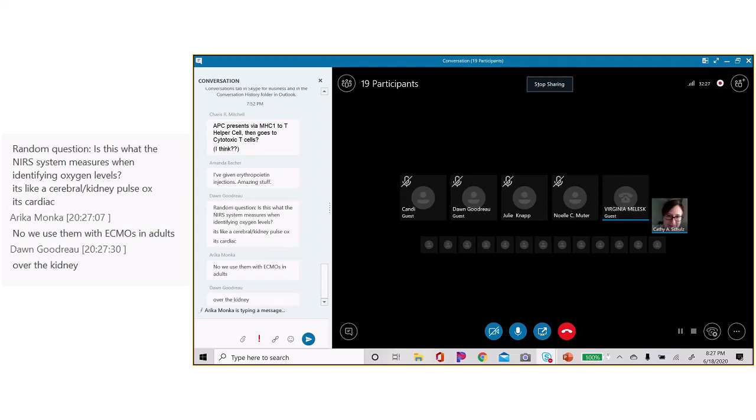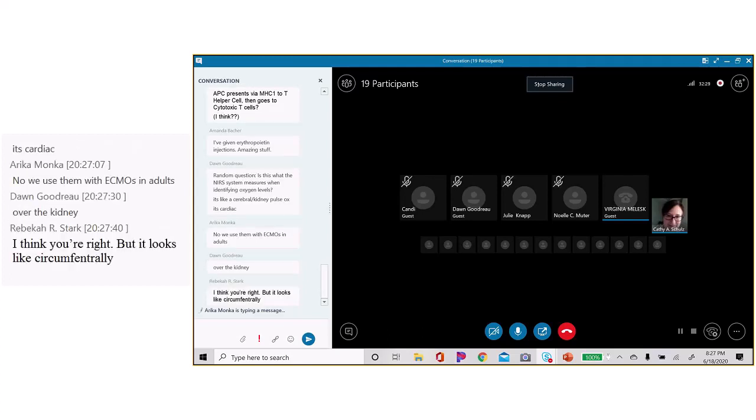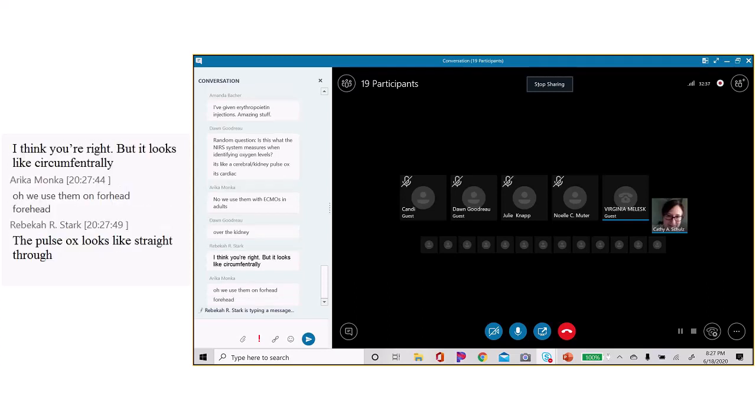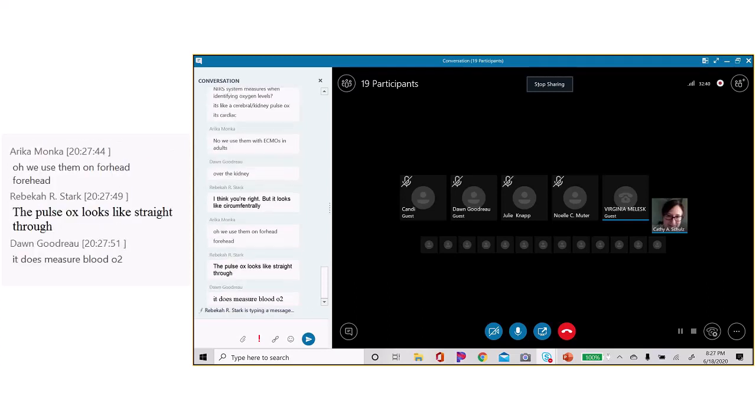Wow. I am fascinated. It looks, or we use it on the forehead. You know what? My first blush feeling about this is that we want to know oxygen concentration in key areas of the body.